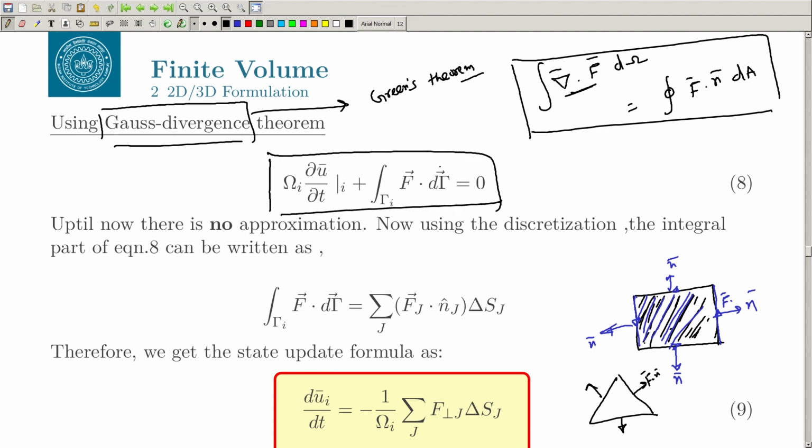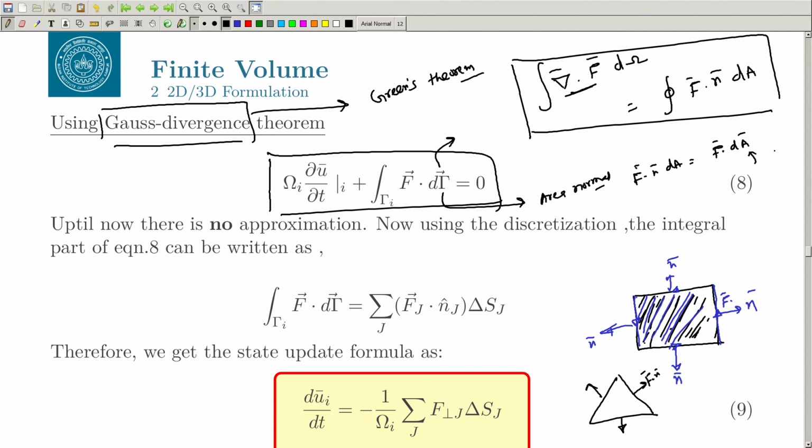Here, of course, this d omega. This is called area normal. What I have done is taken area as a vector, so your f dot n dA can also be written as f dot dA. What is dA? It is basically an area normal vector, a vector which represents the area in the normal direction.